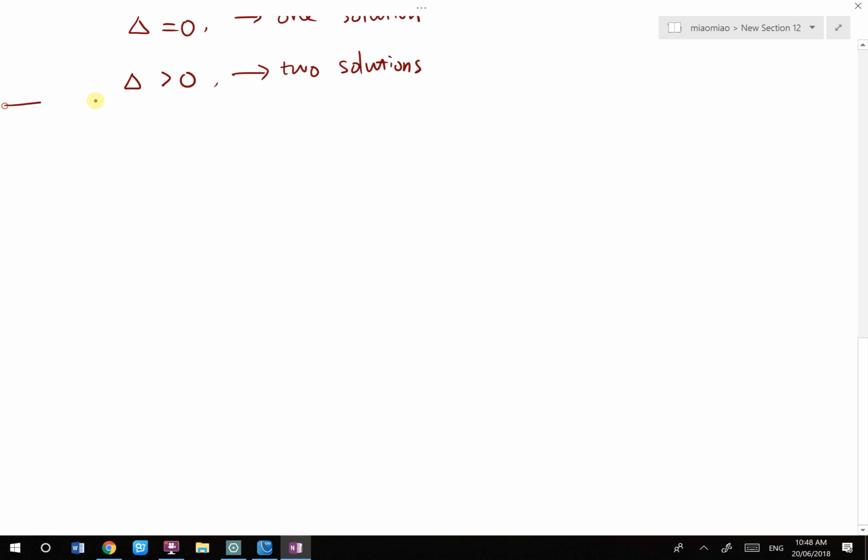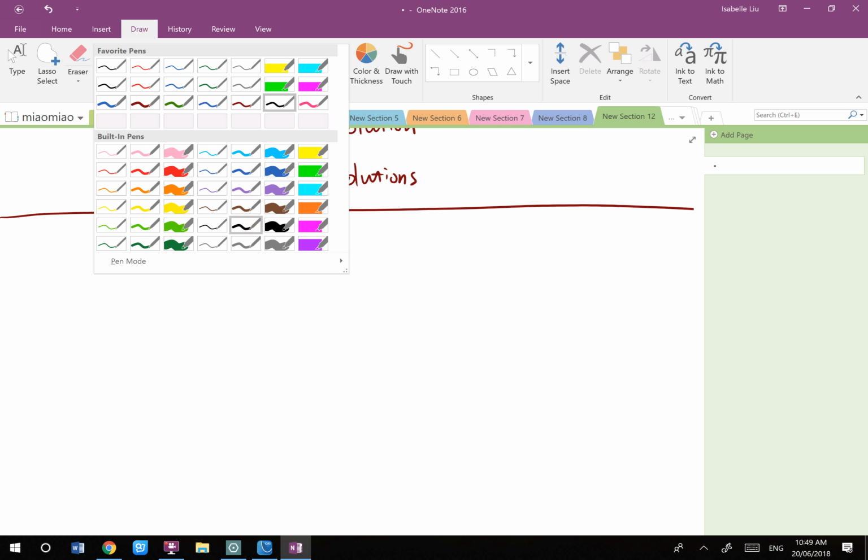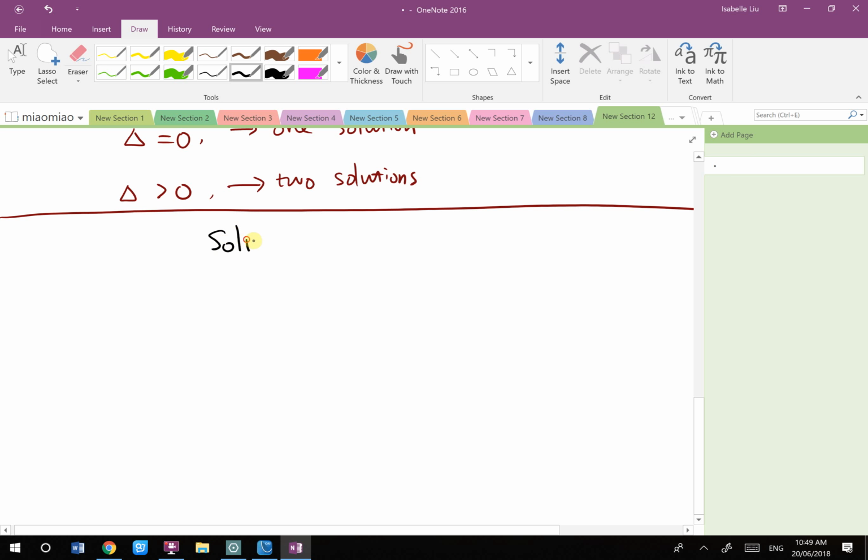Because if you want to solve, then you need to factorize, I can combine things together. So what I will do is solve ax squared plus bx plus c equals 0.